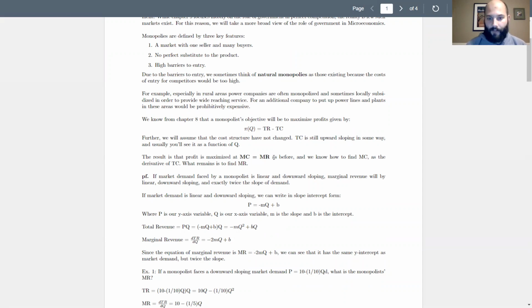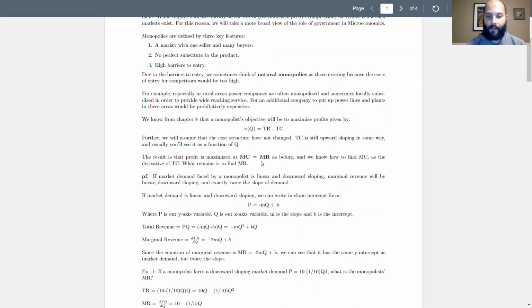All right, in the previous chapter, we showed why that is. There's a little graph. If marginal cost is greater than marginal revenue, the next unit you produce, you're losing money, because the cost of the next unit is greater than the revenue of the next unit. If marginal revenue for the next unit is greater than marginal cost, then you should produce that, because the next unit brings in more revenue than it costs, so you're making positive profit.